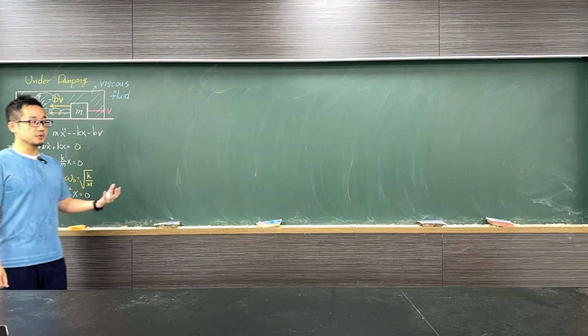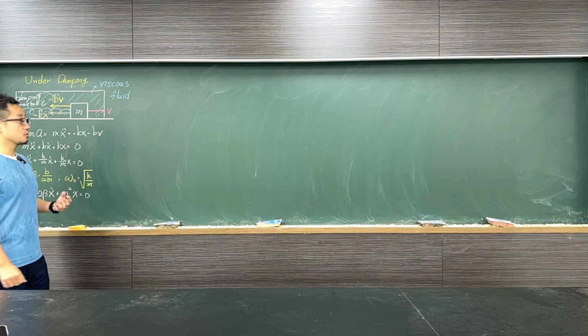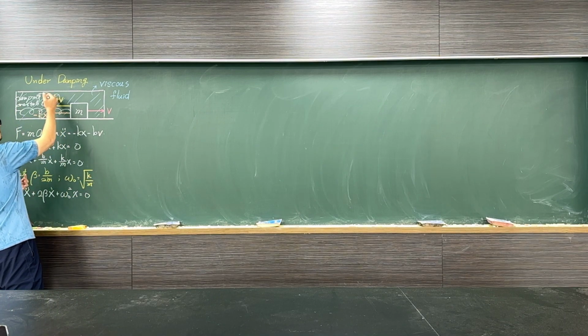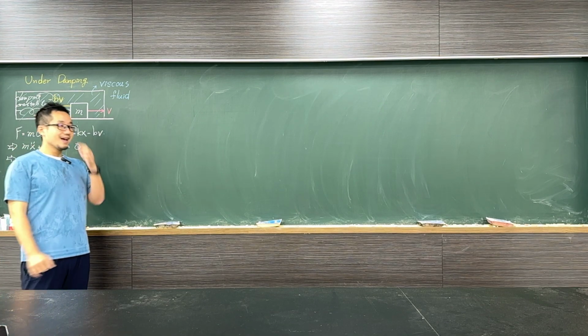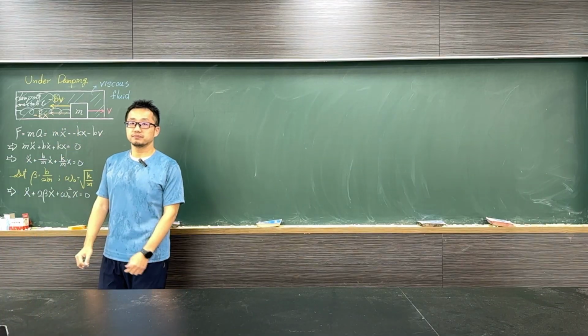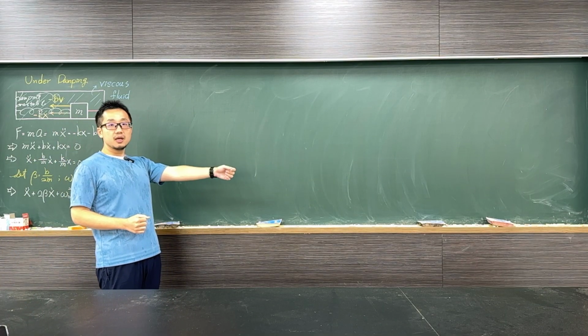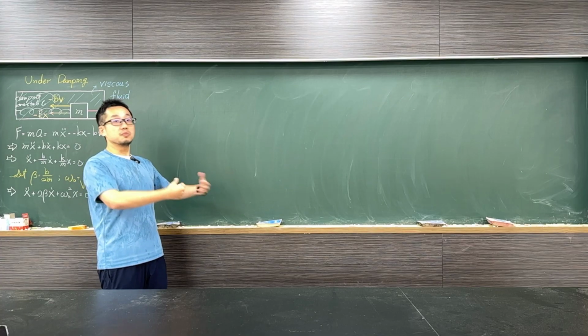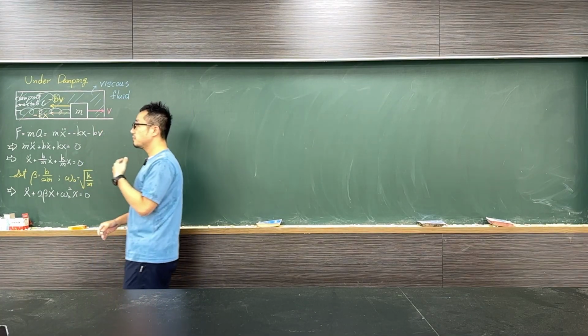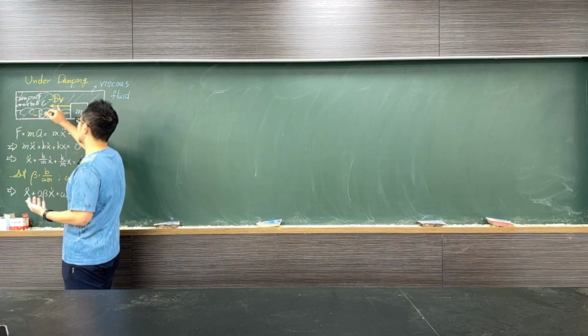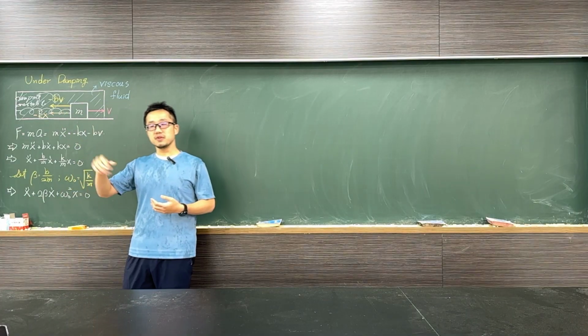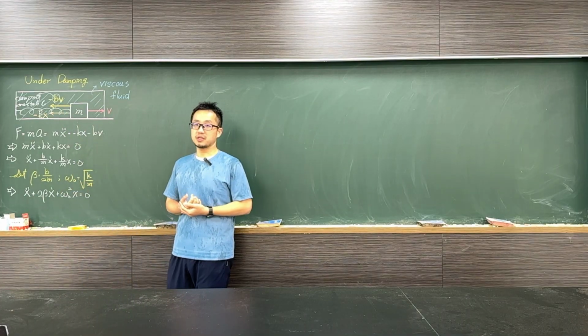And the resistant force is usually proportional to the velocity v, and right in front of it, I'll call b the damping constant. Try to imagine if you're running: the faster you run, the more resistant force you will experience. So it's quite fair to say that the resistant force is minus bv, proportional to the velocity.